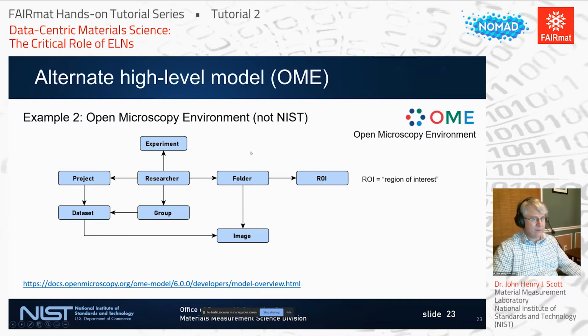And here, that group has made choices where the researcher is kind of centered. There are links to experiments and projects, groups and data sets. Data sets are linked to individual images, which sit in folders. And there are also regions of interest that are defined. And this schema is also available in a machine readable, machine actionable format. And this URL provides more details about exactly the OME schema and choices that they've made, the data model, if you will.